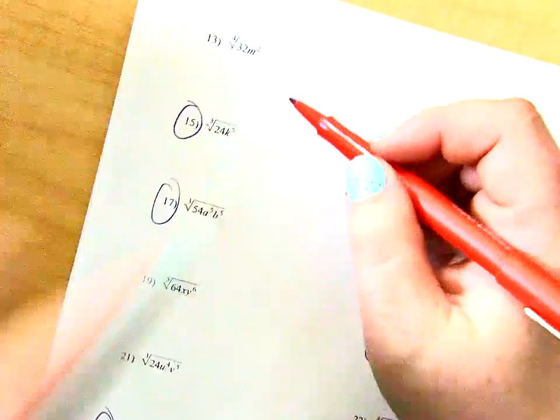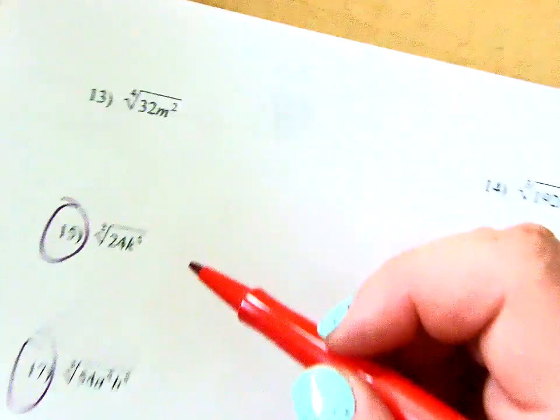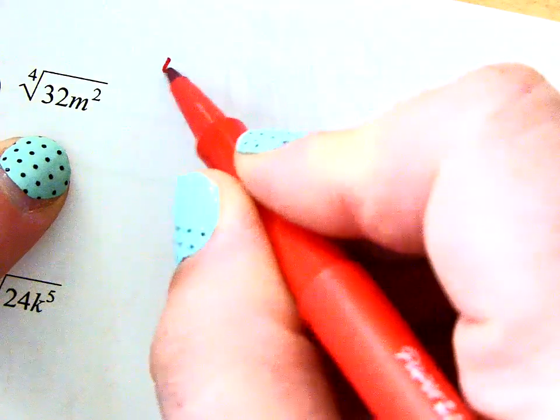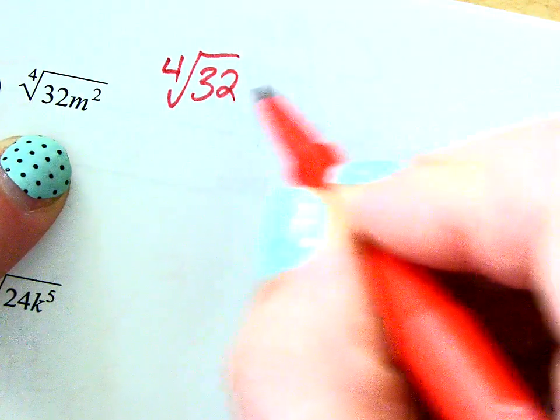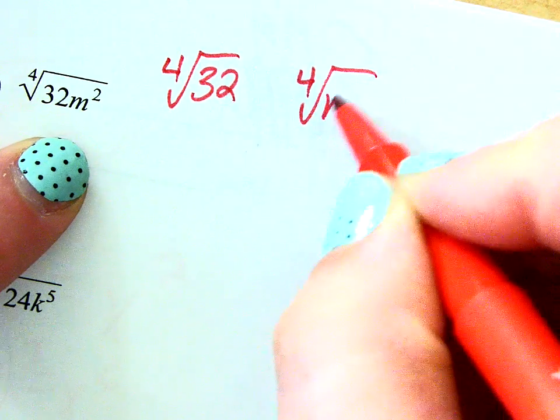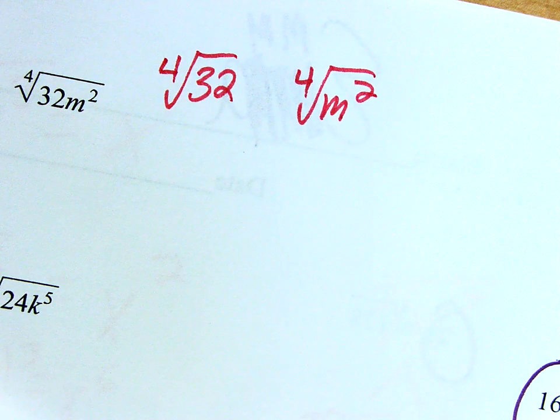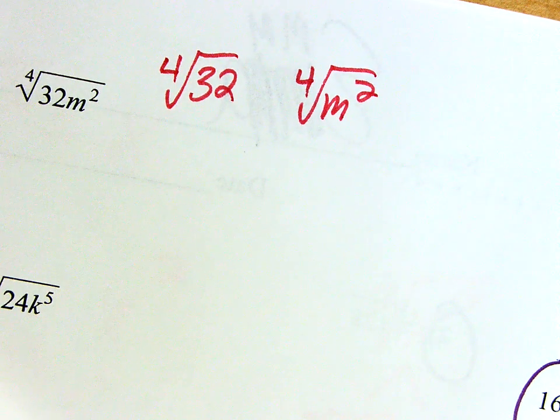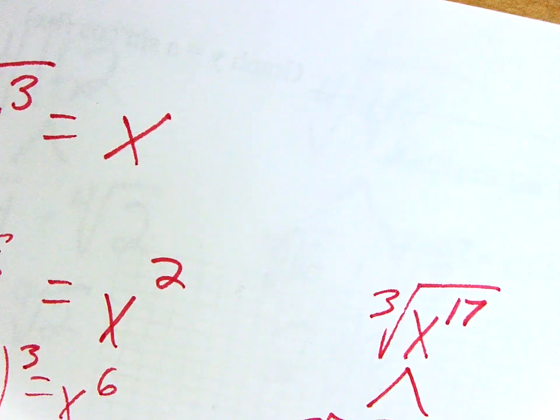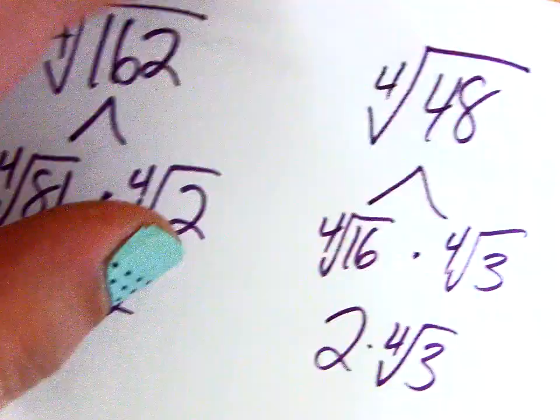This one's a 4th root. First thing I'm going to do is break this apart, and deal with the 4th root of 32, and then I'll have the 4th root of m squared. The 4th root of 32. Is 32 a perfect 4th? Look at your list.